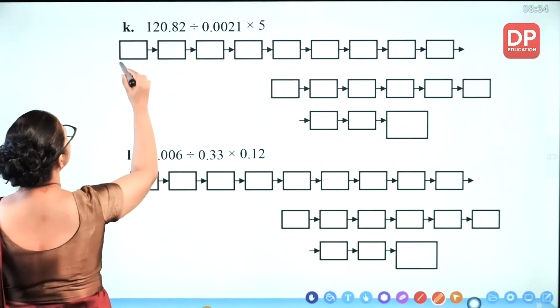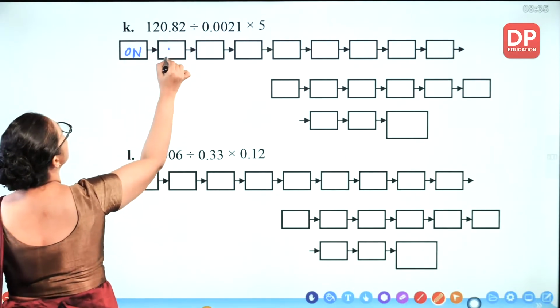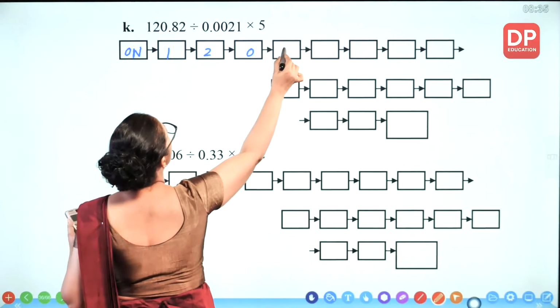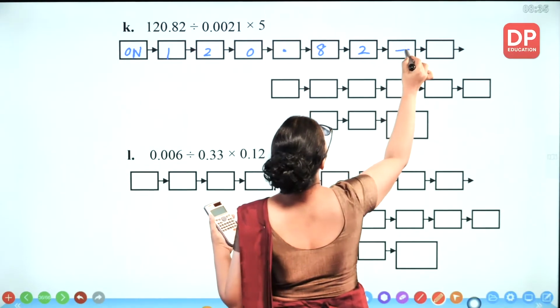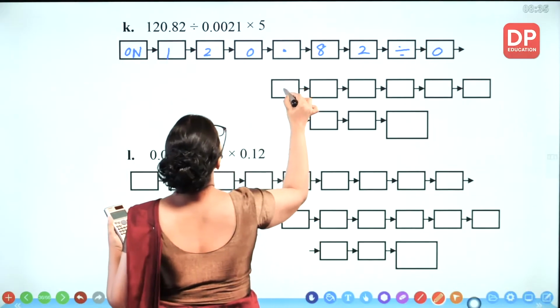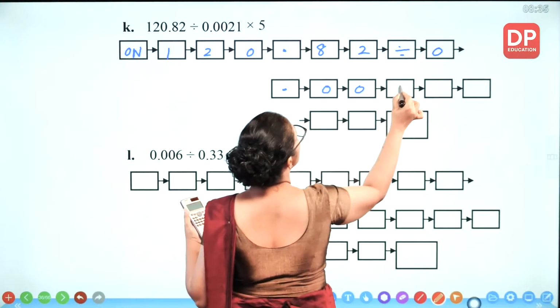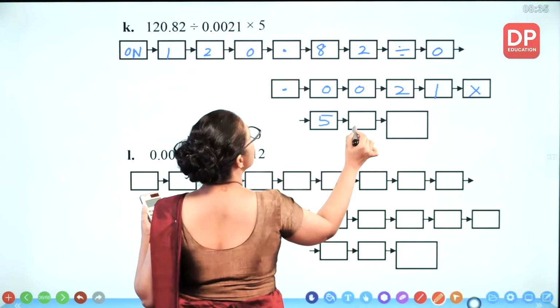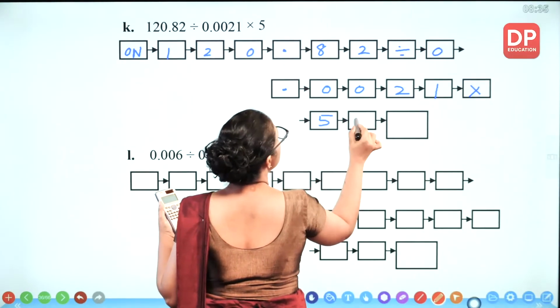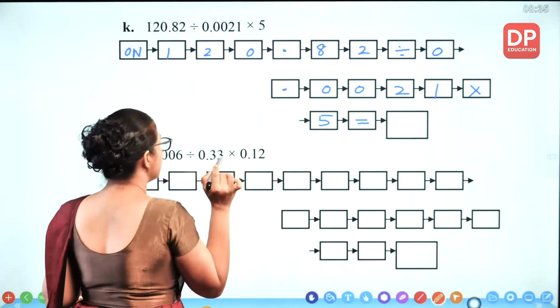This one, on, 120.82 divide by 0.0021 multiplied by 5 and then equal sign.